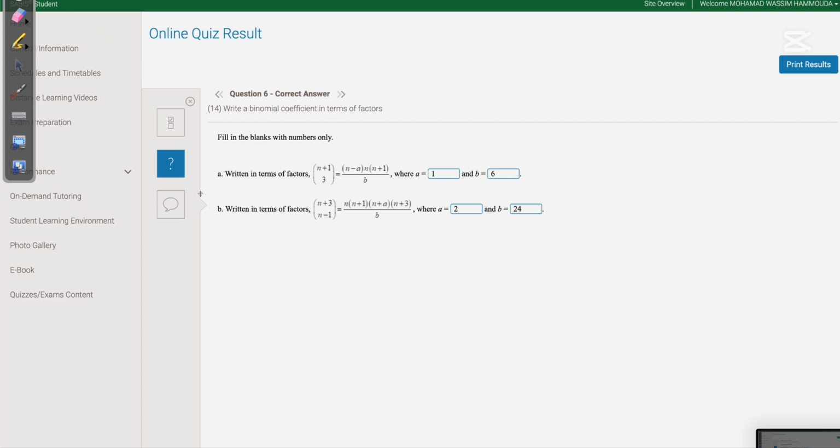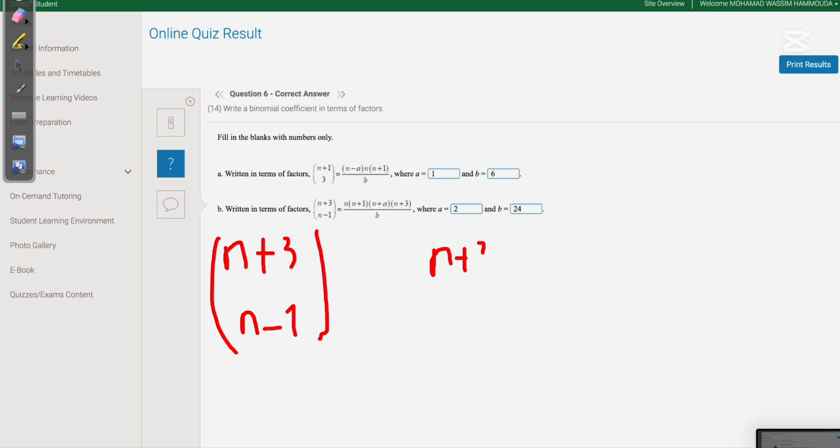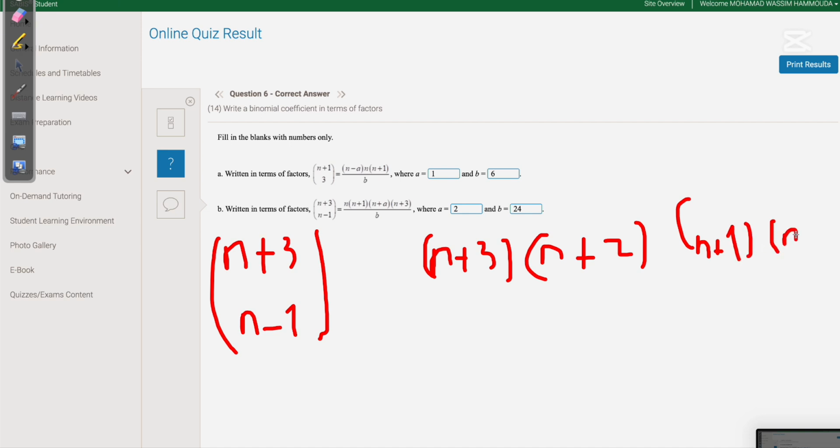Now for part B, they want us to solve n plus 3 C n minus 1. First, let's start with the numerator, which would be n plus 3 times n plus 2 times n plus 1 times n times n minus 1, and so on and so forth.